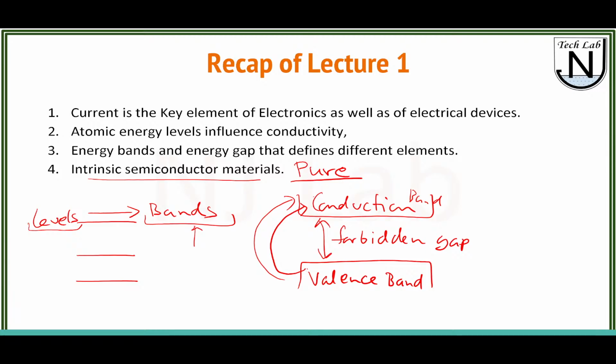Why we need 0, we are going to discuss today. Why is an impurity-free silicon or germanium wafer required, and what happens if we add some impurity to the semiconductor material, right?